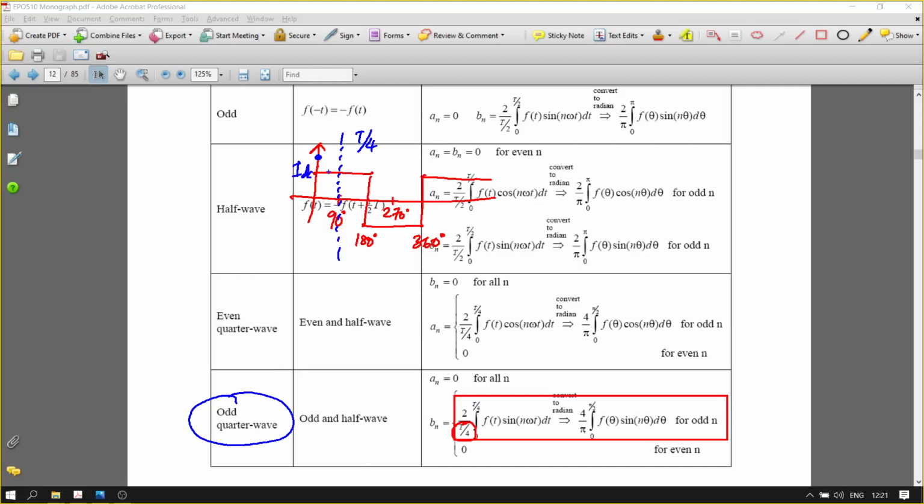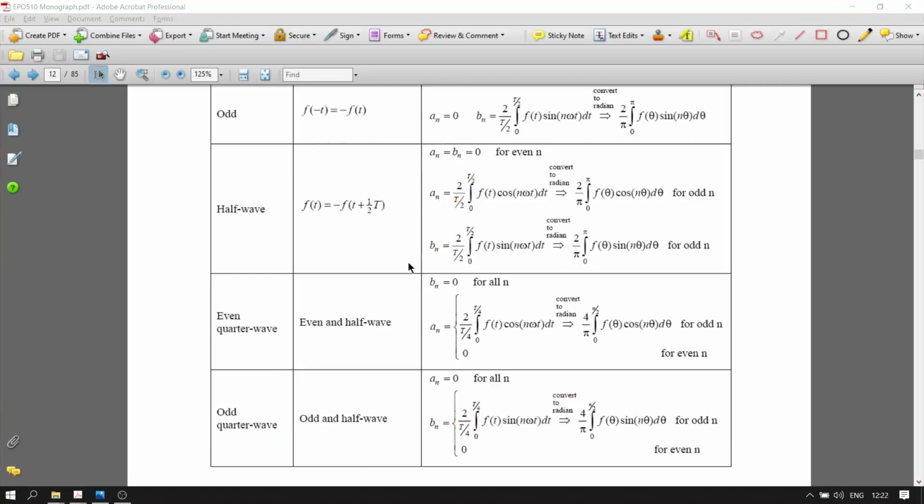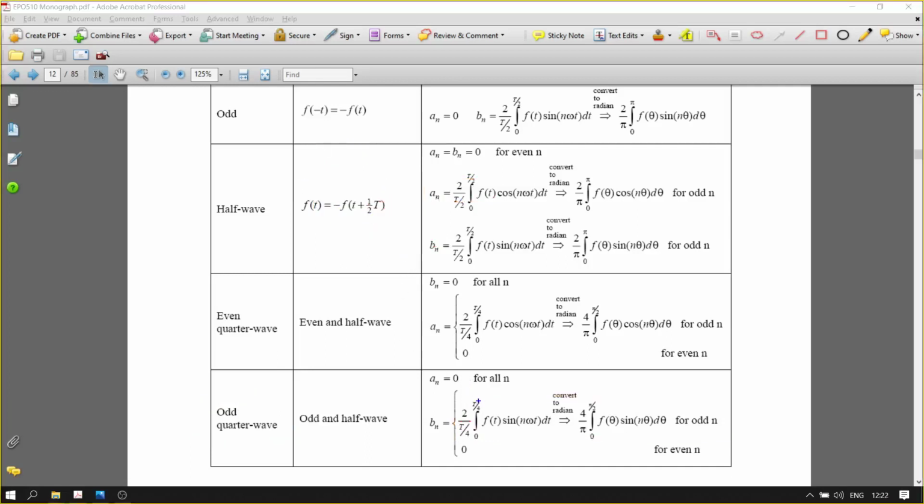Okay, so if you do that and then you replace the T with 2 pi, then finally you can evaluate for Bn odd. Finally, you have this equation 4 over pi, from 0 to pi over 2, which is 90 degrees here. Make sure it is pi over 2. You cannot put this as 90 degrees, isn't it?